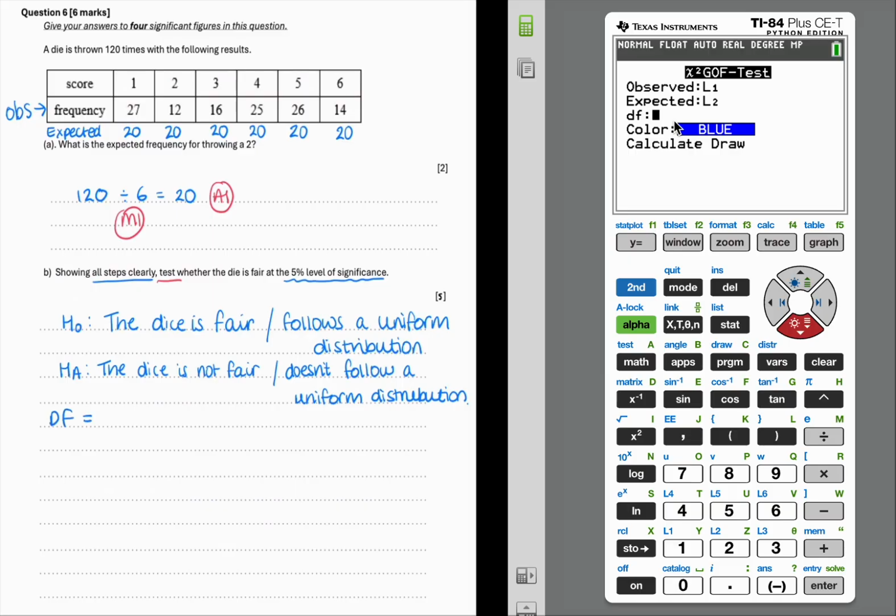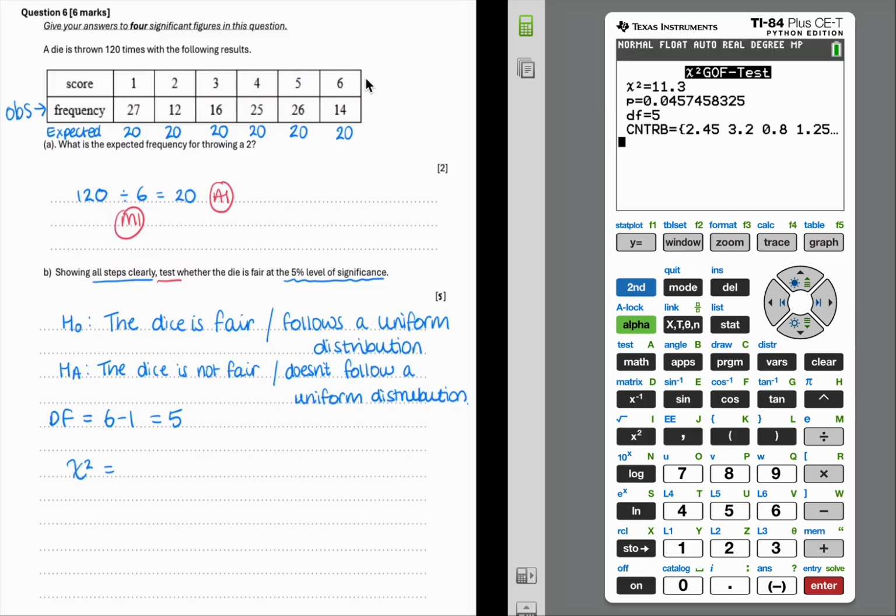The degrees of freedom are 1 less than the number of data pieces we have. So it's 6 minus 1, which is therefore 5. So I'm going to change the degrees of freedom, and then we're going to calculate. We can see that we have a chi-squared value, which is 11.3, and a p-value, which is 0.0457.